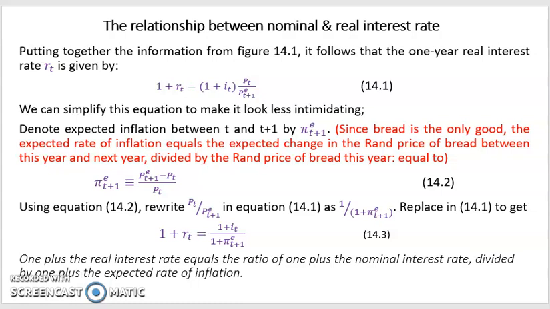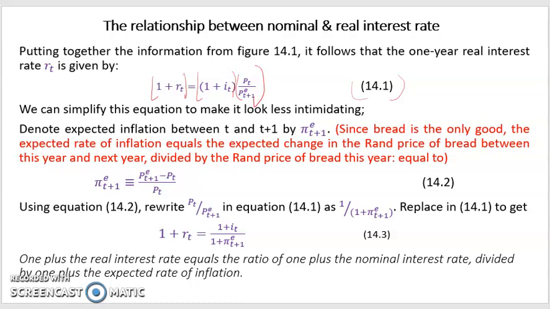So we put together information from figure 14.1 and find that the real interest rate is given by equation 14.1. This is pretty straightforward. As I said, it tells us that the real interest rate of next year, or the 1 year real interest rate, is equal to the nominal interest rate adjusted for price.